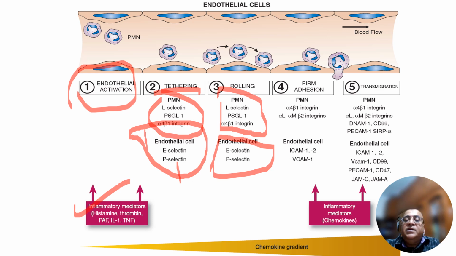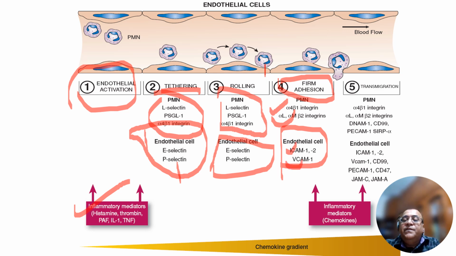Then there is involvement of the chemokines that bind with the glycoproteins expressed on the endothelial surface, and then firm adhesion is achieved by means of alpha 4 beta 1 and beta 2 integrins, and the endothelial cells have ICAM and VCAM for these molecules.